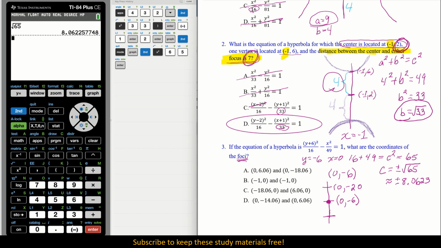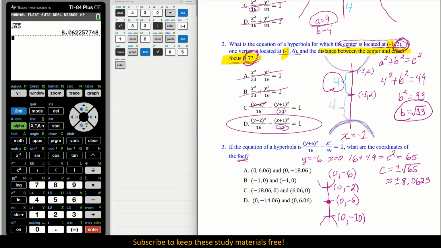And then we have plus and minus, so we go below. Oh my goodness, that should have been in parentheses. That's one vertex. We're going up like this, and we're going down like this. So that is (0, -10).